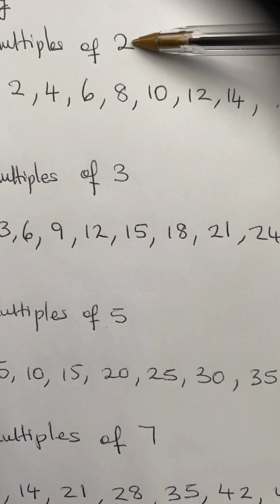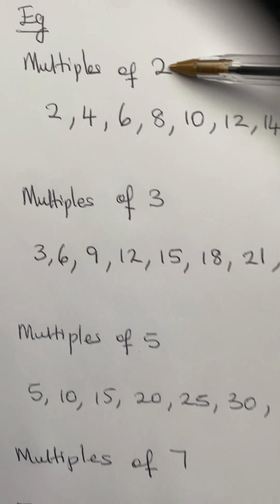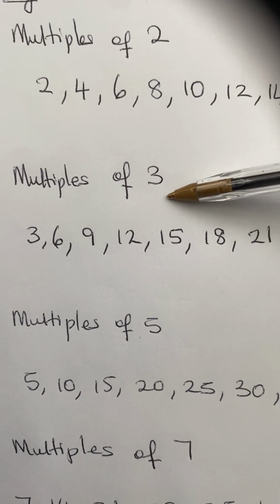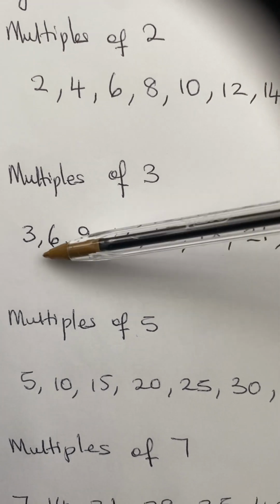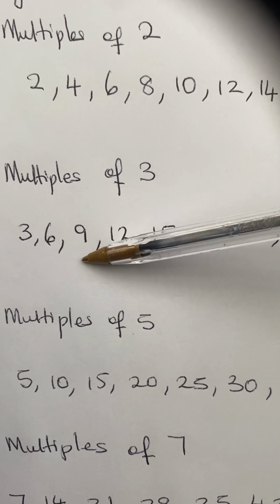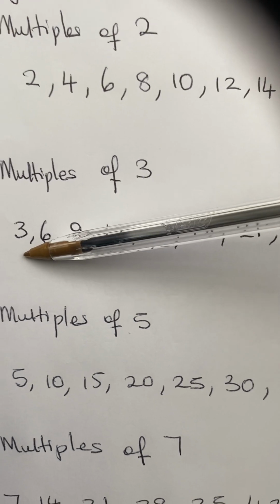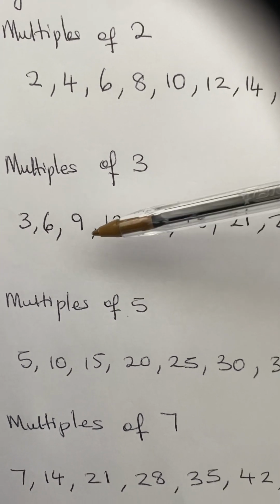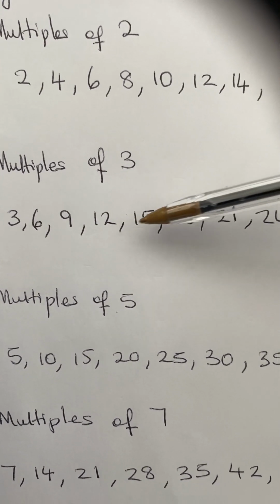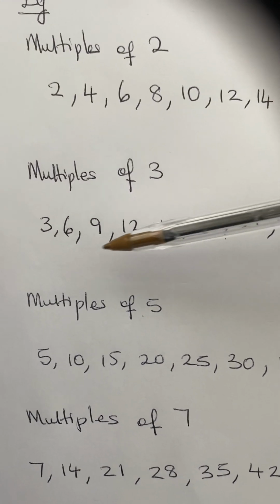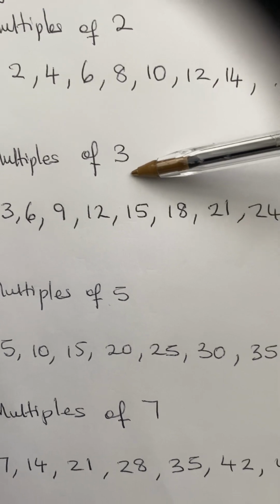So that will be a half for 2. That will be 1/3 for 3. So we just want the multiples. So 3 times 1 is 3, 6, 9, 12, 15.